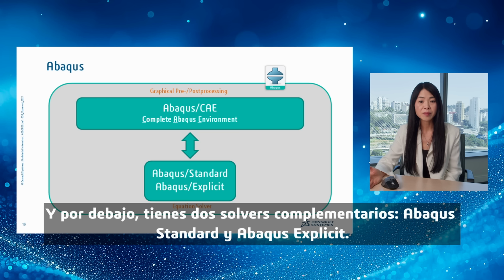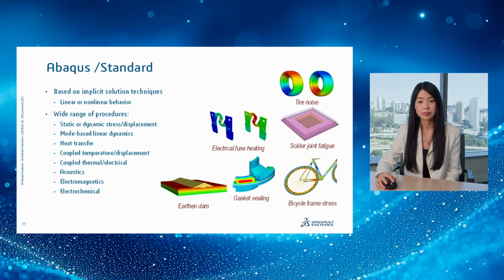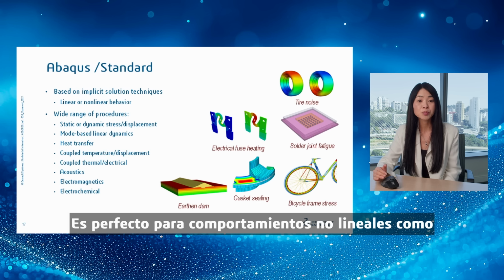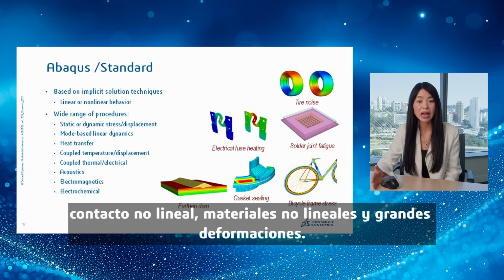And underneath, you have two complementary solvers, Abaqus Standard and Abaqus Explicit. Abaqus Standard is used for nonlinear static problems and slow dynamics. It is perfect for nonlinear behavior like nonlinear contact, nonlinear materials, and large deformation.